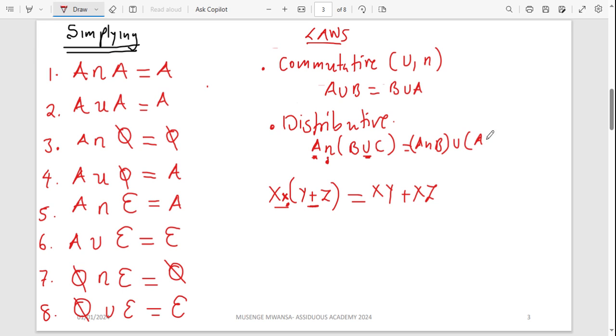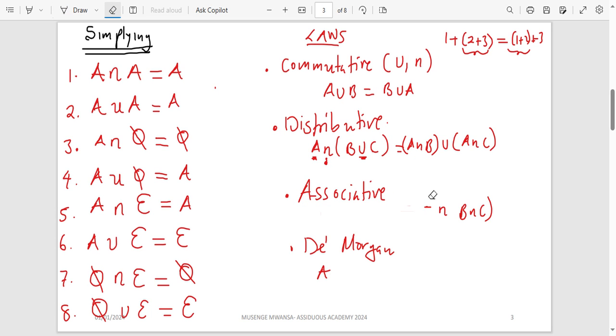Now intersect with C. So this is the law of distribution. It is a very important law. This means I can give you this part for you to go back to this end. So if you don't know, you might struggle. But now you know, so you will not struggle. Is this okay?